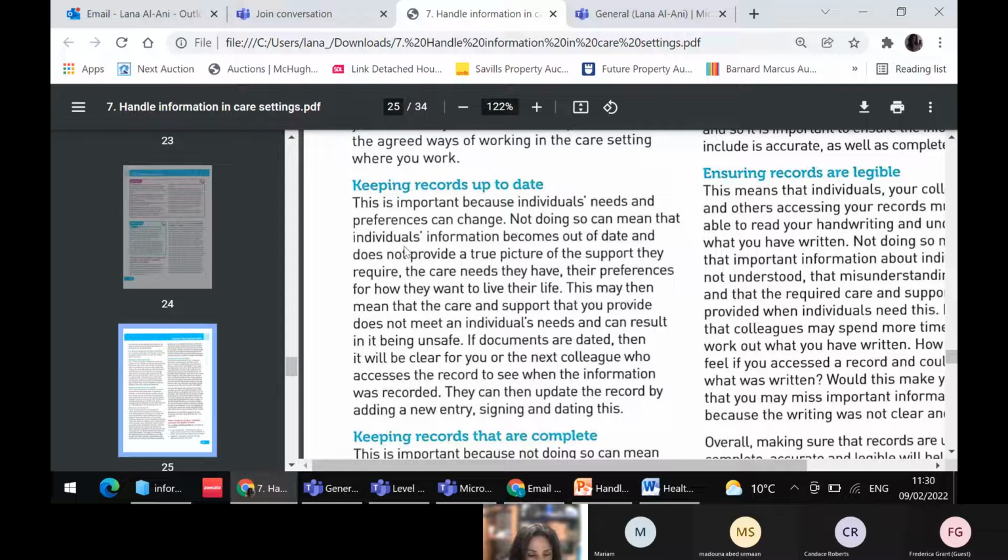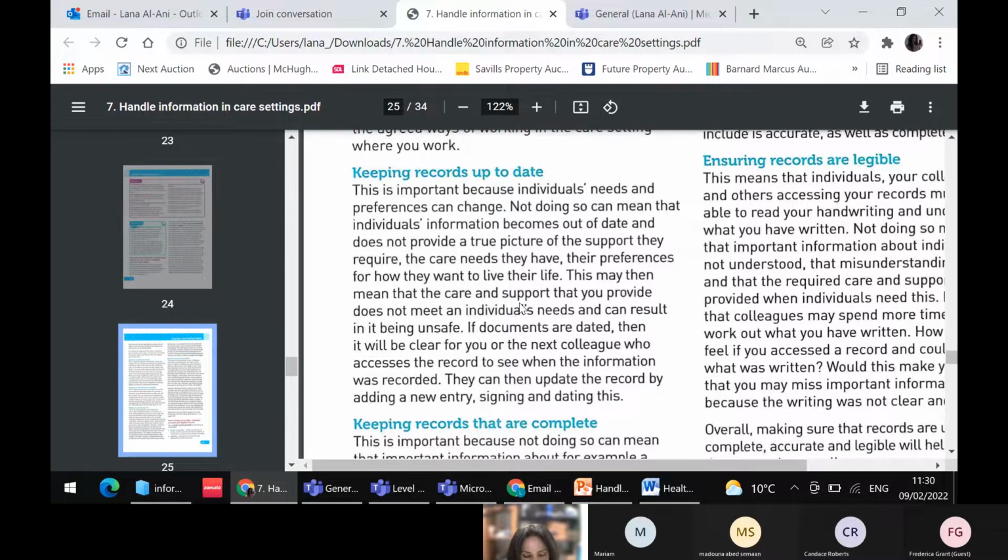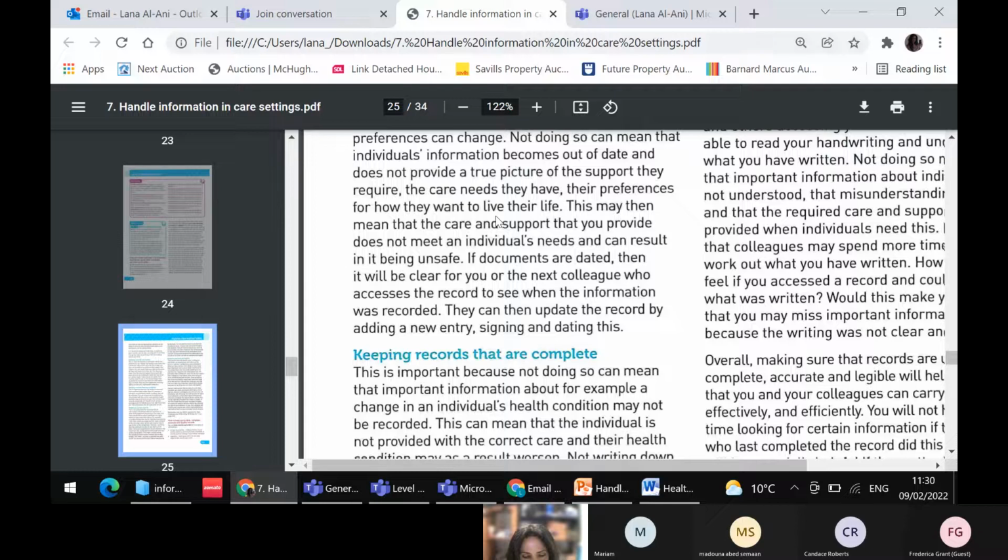Otherwise, it would be a problem if we provide untrue, not up to date or incorrect information about his health, because their lives would suffer.